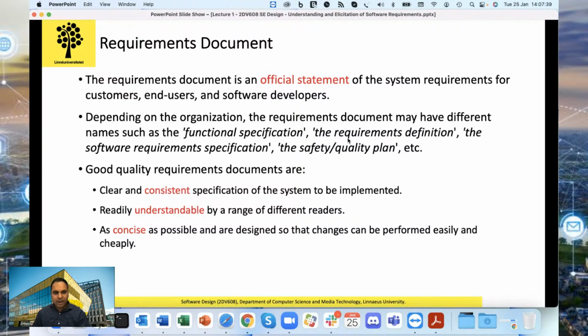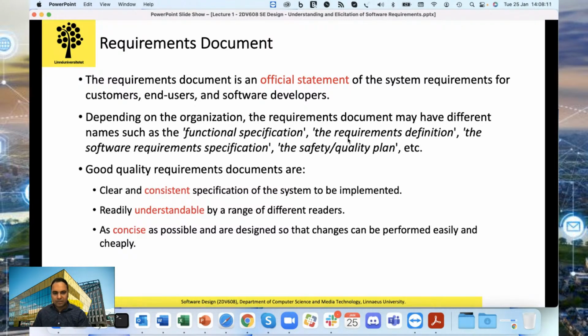Practically, it is very hard to come up with a good quality requirements document, because there are many stakeholders, with different skills and different technical knowledge, and as a requirements engineer, when you are trying to balance among the stakeholders and their understanding levels, it's hard.